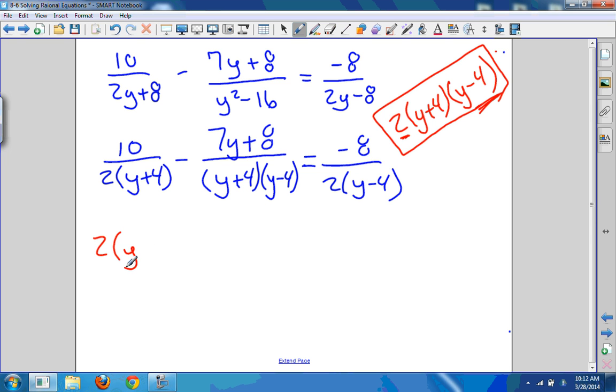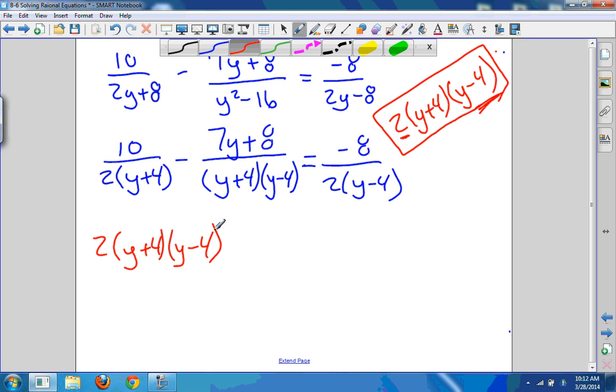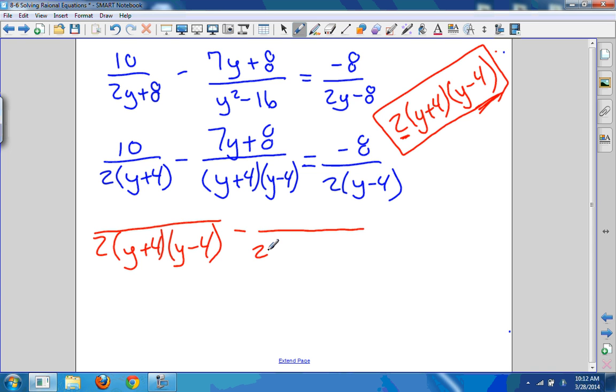So I'm going to change my denominators all to this, which is a big long denominator, right? Hopefully we have room. 2 times y minus 2 times y plus 4 times y minus 4 equals 2 times y plus 4 times y minus 4.